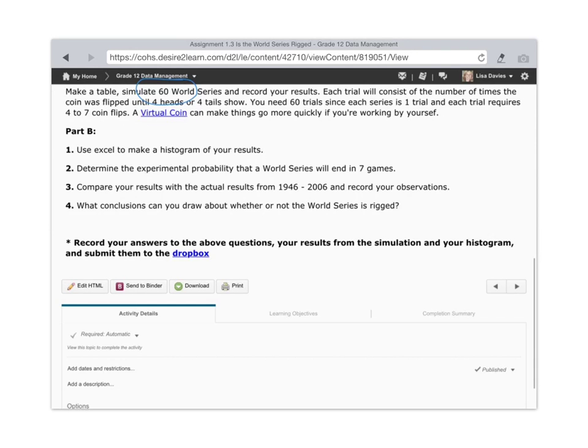Then you're going to look at the actual results from the chart at the beginning, and you're going to compare the two, the experimental and the actual, and then draw conclusions as to whether or not you think that it's natural that the World Series goes to 7 games 50% of the time, or do you think something else is happening there? Is there some kind of human interference where maybe there's a bit of cheating going on, or they're manipulating something to make the series go to 7 games?